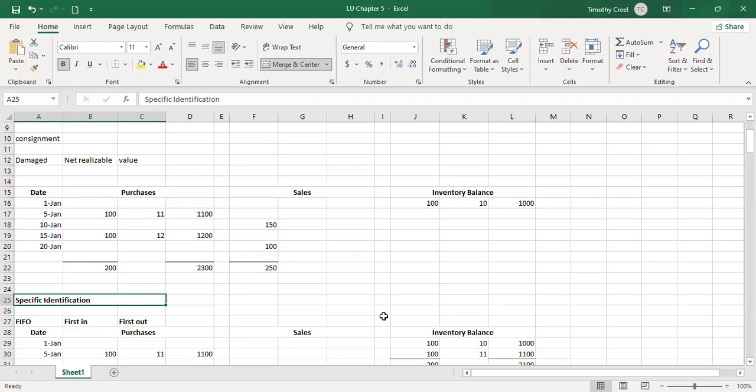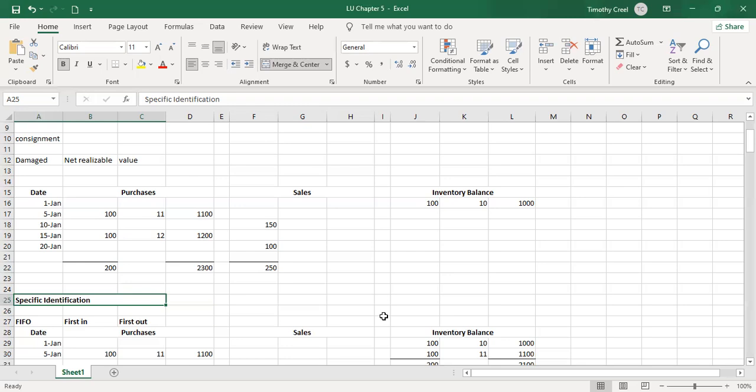So companies can choose either of these 3 methods. They need to be consistent with their choice. And again, these aren't necessarily what's been taken off the shelf, but companies have to choose a way to account for inventory in this consideration.